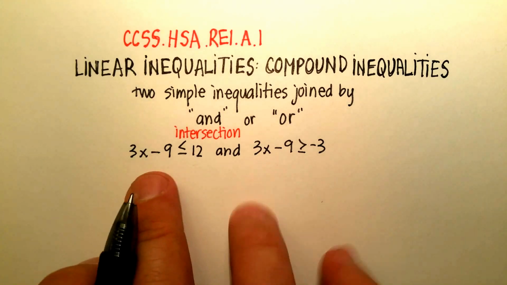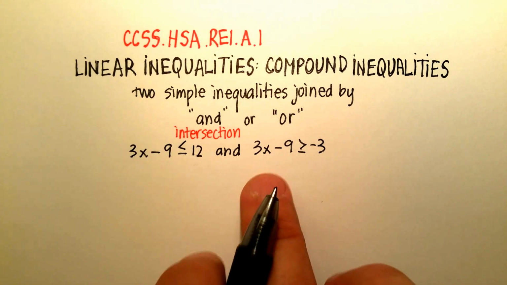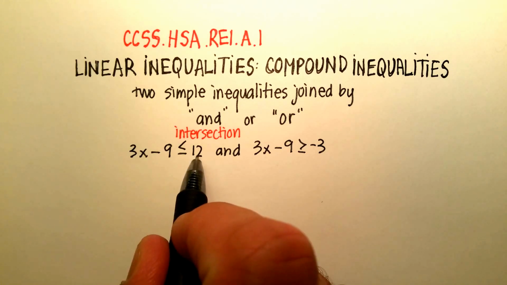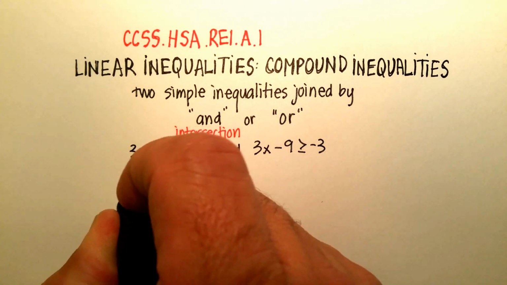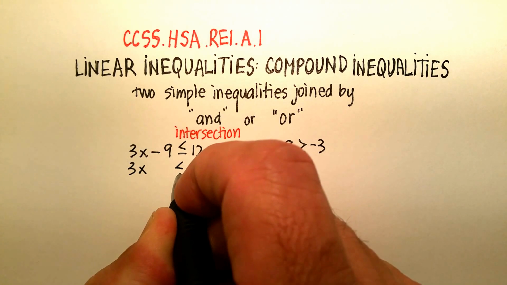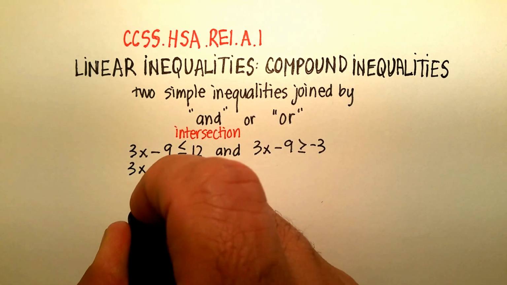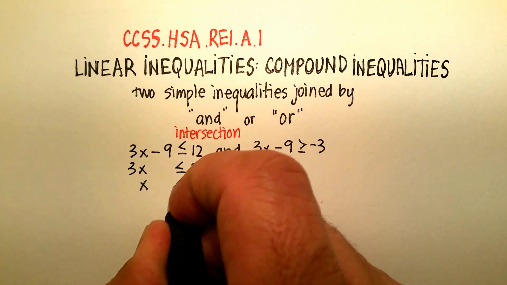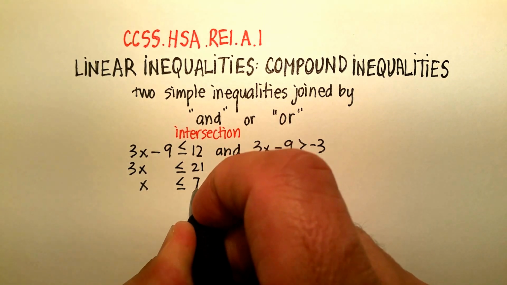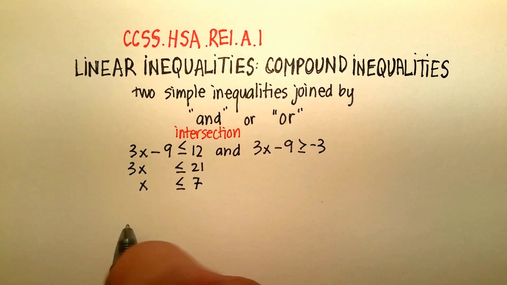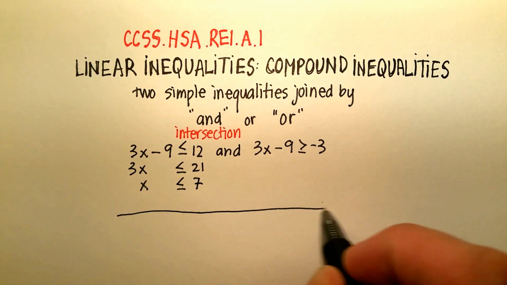Now let me show you how that works. I'm going to solve each one of these individually. So I'm going to add 9 to both sides here. I'm going to get 3x is less than or equal to 21. Then I'm going to divide by 3, and I'm going to come up with x is less than or equal to 7. Put that on a number line.